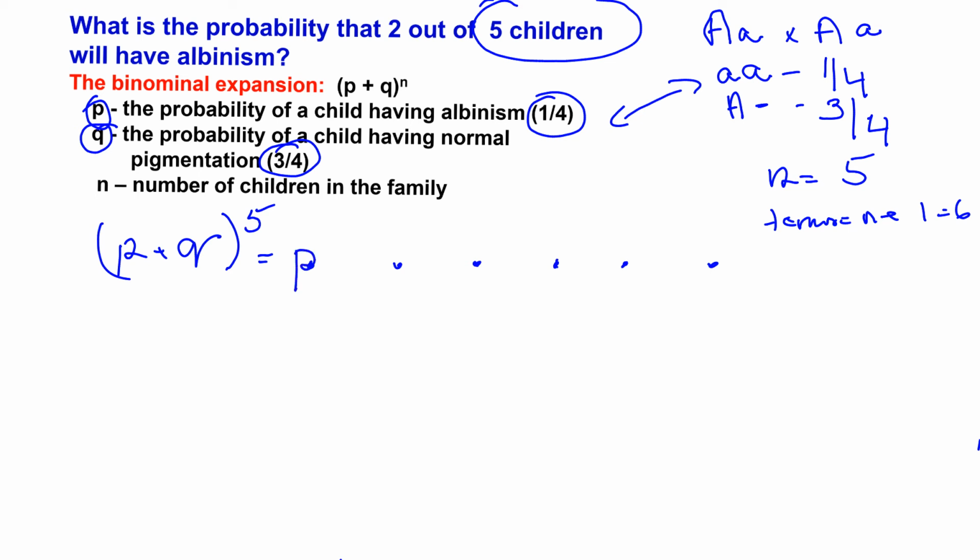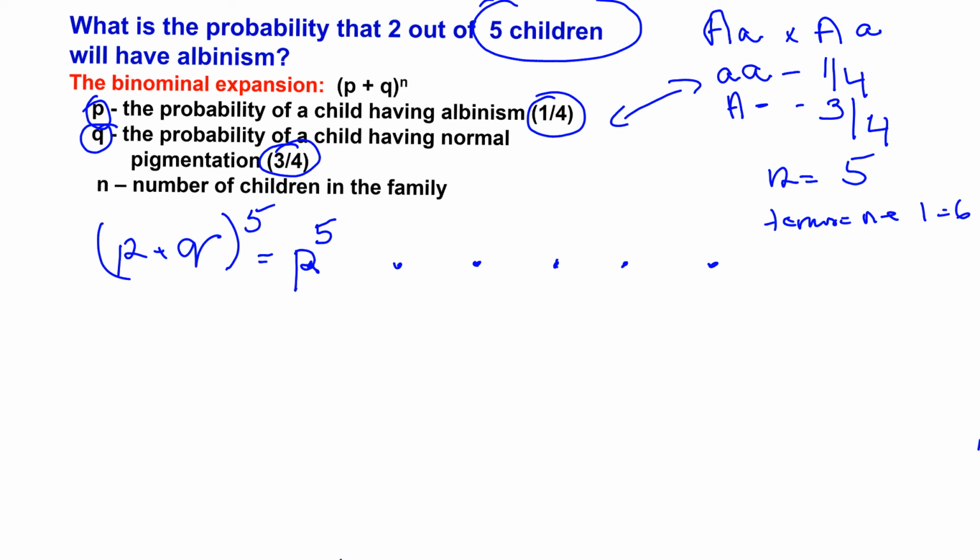Every successive term will have the exponent decreased by 1. So the next P will be 4, the following one will be 3, then 2, then P to 1, and the last one will be P to 0.